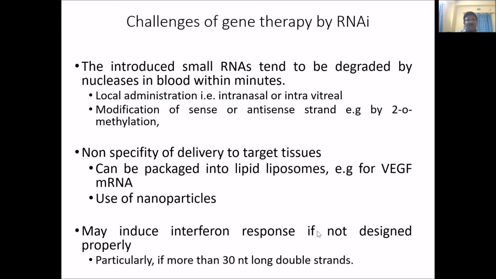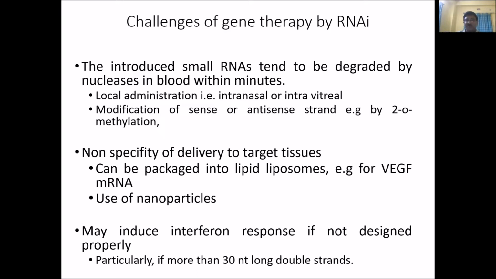The second challenge is non-specificity of delivery to the target tissues. It is the common challenge of every aspect of the gene therapy that we have seen till now. So what is the way out? You can package them in liposomes.